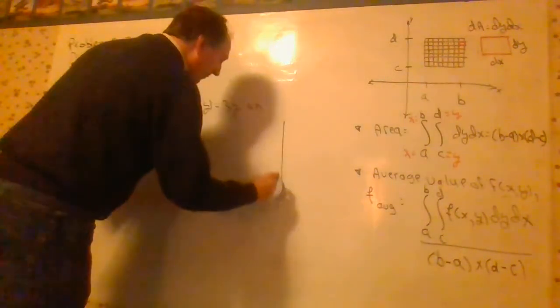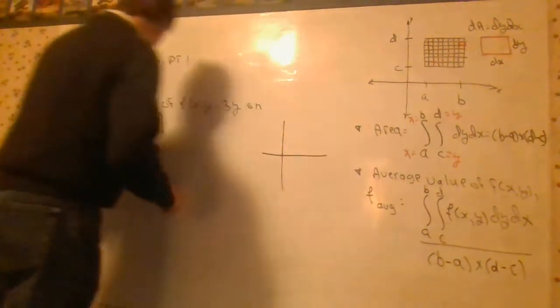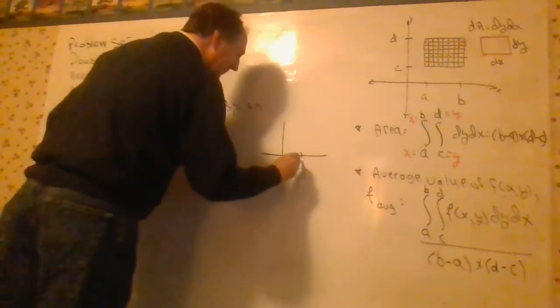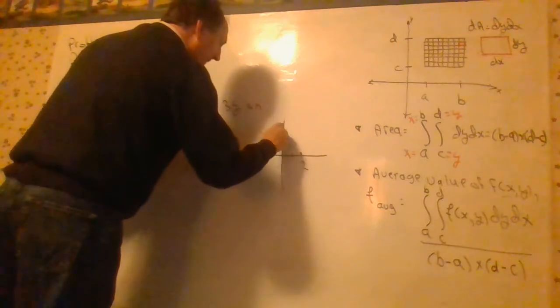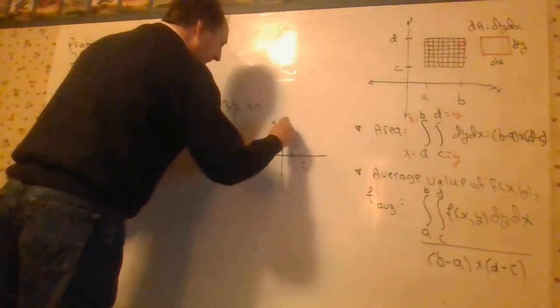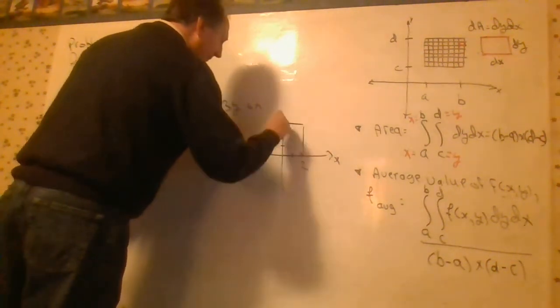And just to draw you a little picture here, 0 to 2 on the x-axis, 0 to 4 on the y-axis. And of course we have our rectangle.